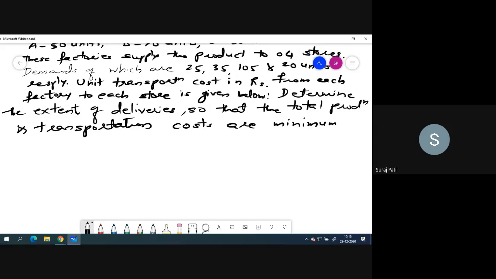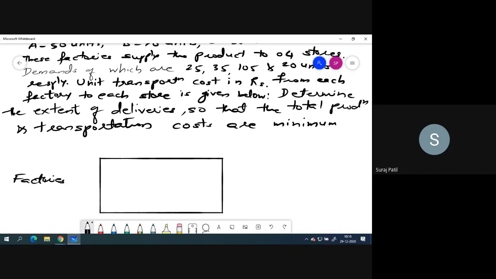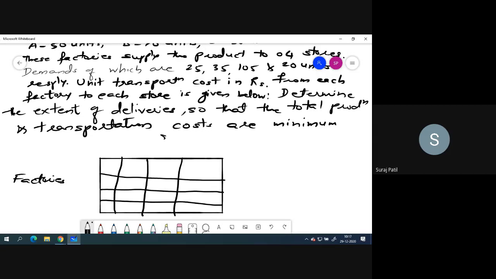Note down this unit cost. There are 4 factories. There are 4 stores.